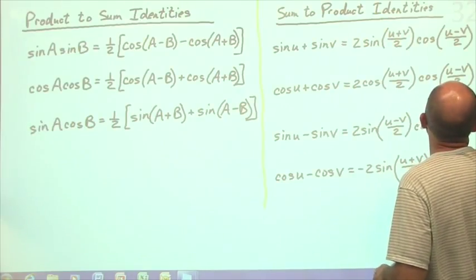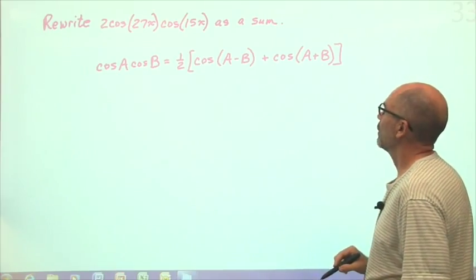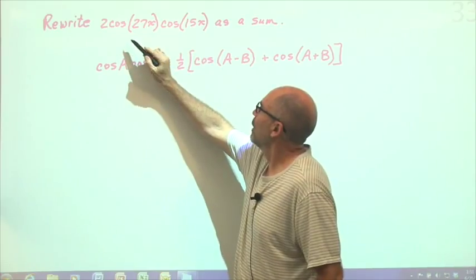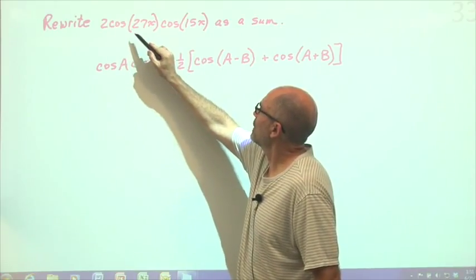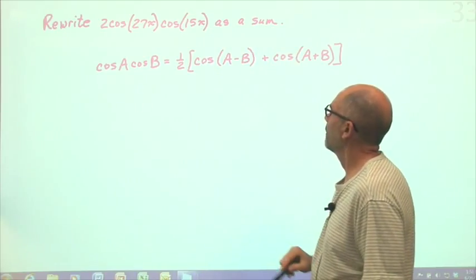Okay, so what we want to do here to practice what we just learned is rewrite 2 cosine 27x cosine 15x as a sum.